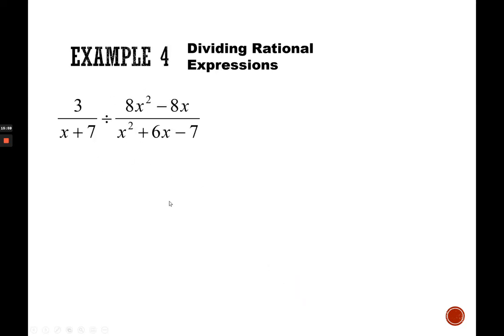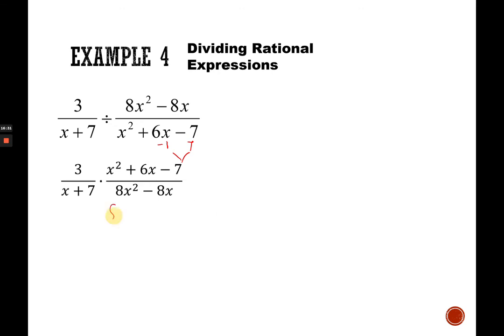Now it's getting complicated. 3 over x plus 7 is divided by the expression 8x squared minus 8x all over x squared plus 6x minus 7. Flip your second fraction, change division into multiplication, and start factoring. So let's do this. This one should have factors of 7 times 1, and 1 is negative, so that it becomes positive 6 when you add your factors.